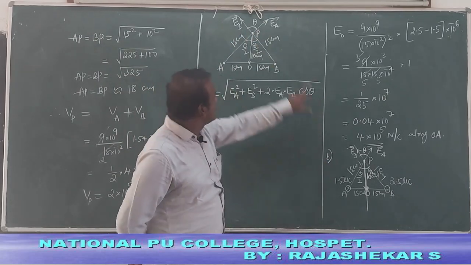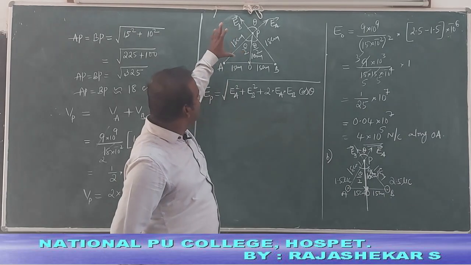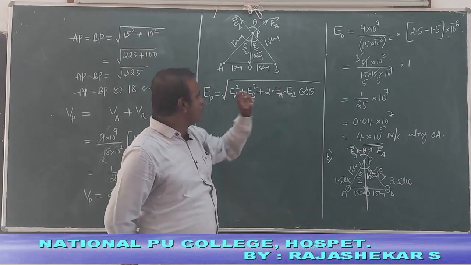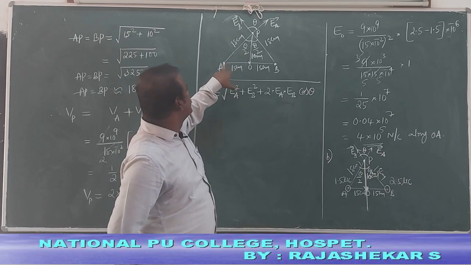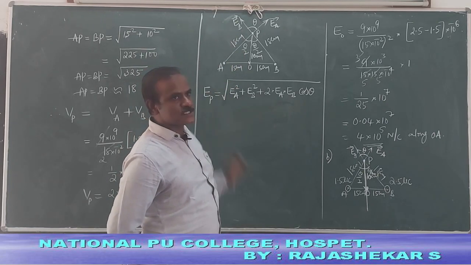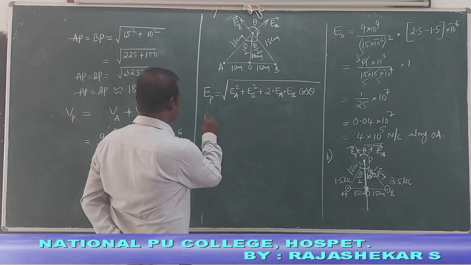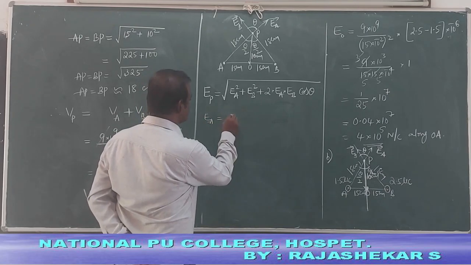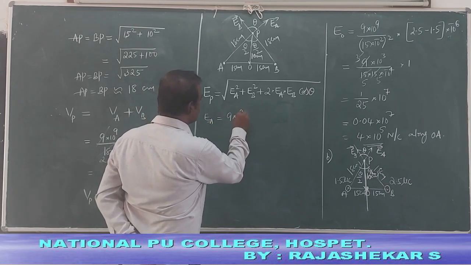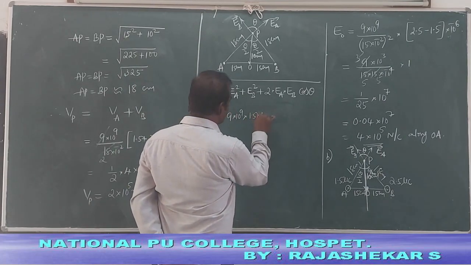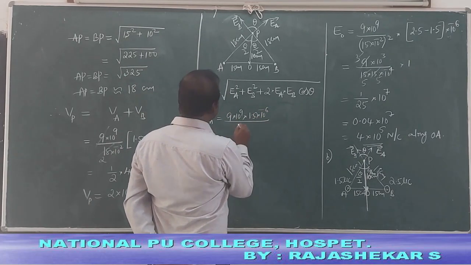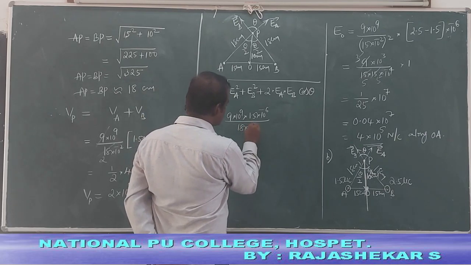The same diagram drawn once again here, so that we can find theta. EA you can find. What is EA? 1 by 4 pi epsilon naught, charge at A divided by the square of the distance. So I directly go with 9 into 10 to the power 9 into charge at A, as you know, 1.5 into 10 to the power minus 6, divided by 18 centimeter, 18 into 10 to the power minus 2 whole square.